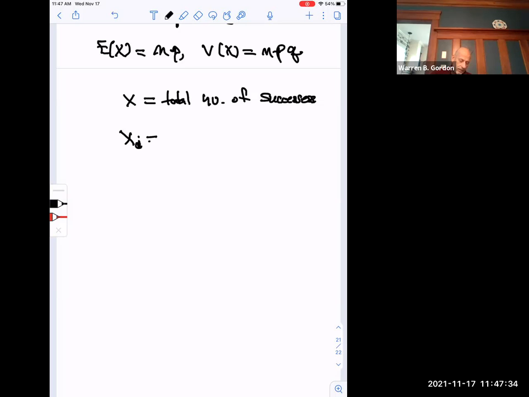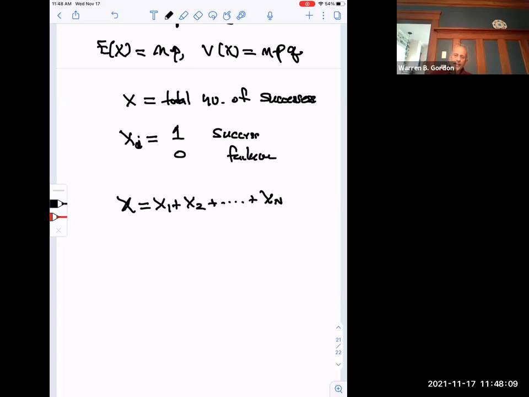X of I to be 1 if there's a success, and 0 if there's a failure. Then the total number of times I get a 1 is the number of successes, and that would give me X. So X is another way of looking at the binomial distribution, breaking it up into n individual experiments.